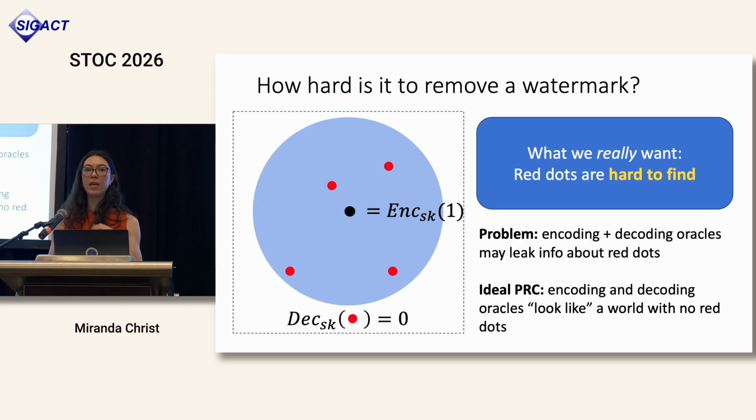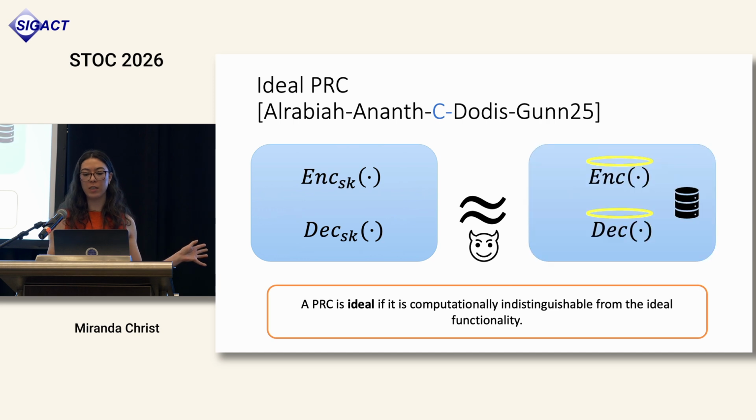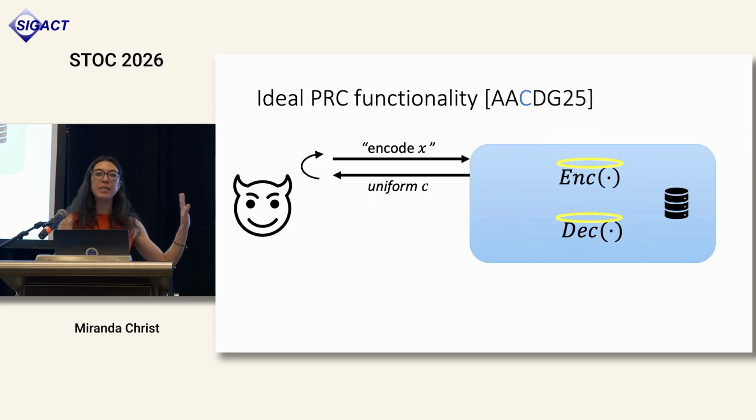which requires that the encoding and decoding oracles look like oracles in a world where there are no red dots. So the encoding and decoding oracles should be computationally indistinguishable from some ideal encoding and decoding oracles, where the ideal oracles are stateful, and what they do is the encoder responds to each query with a uniformly random string. It records all of these query-response pairs.